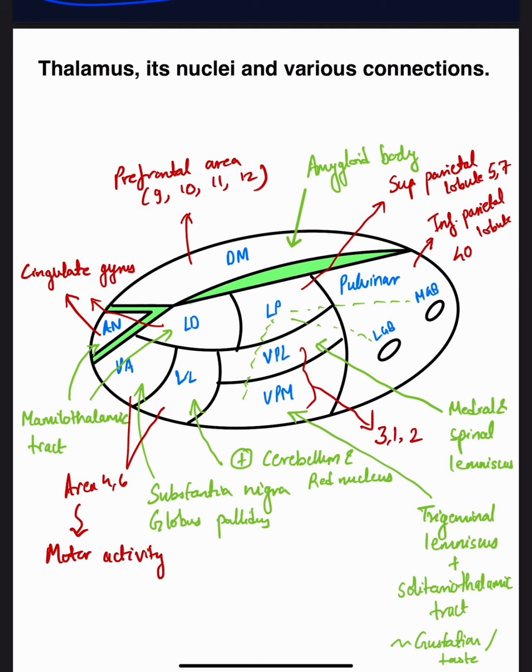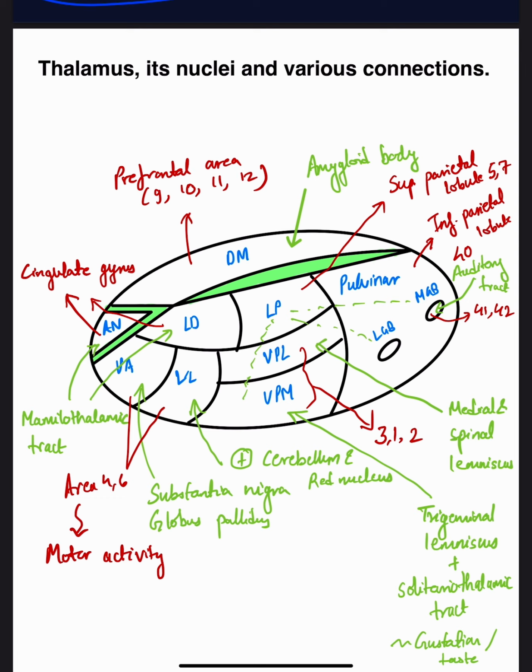So the auditory tract is the afferent, that is the lateral lemniscus, or you could just say auditory tract. And the efferent connection goes to areas 41 and 42, which is the primary auditory sensation area, the auditory integrating area.